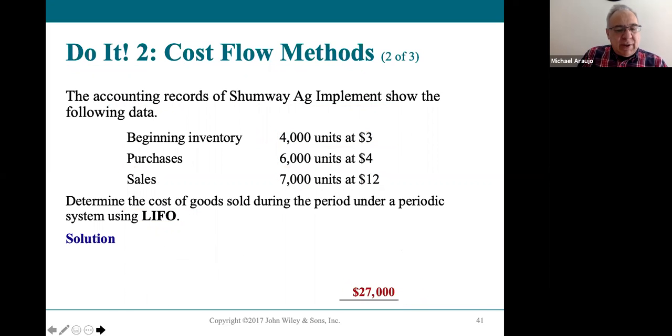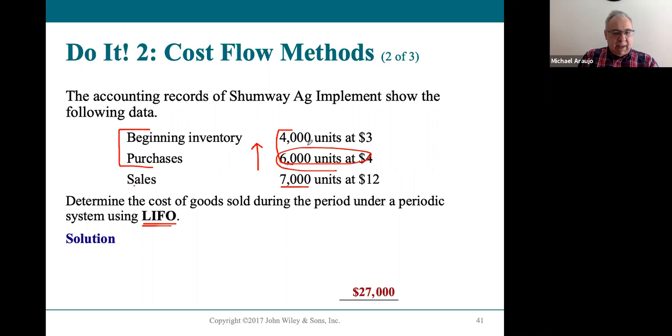What if they decided to use the LIFO system? All right. Well, again, it's the same, right? Beginning inventory plus all your purchases, there's your available amount for sale. You had 10,000 for sale, you sold 7,000. Okay. So under LIFO, which 7,000 did you sell? Well, LIFO looks at things from the last ones in up. So of those 7,000 units that were sold, you sold all of the 6,000. And you needed 1,000 more.